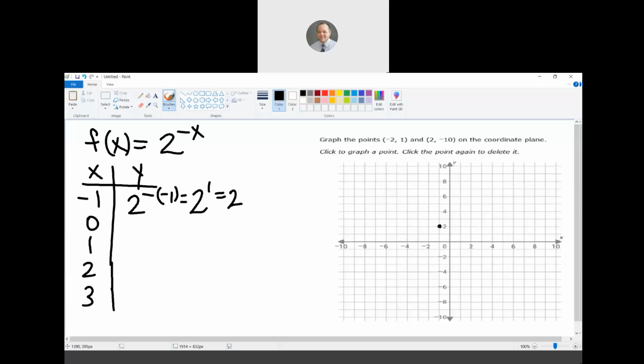When x is 0, well, that's still 2 to the 0 power. Actually, that would become, I think, 1/2. Let me see. 2 to the -0 power is the same thing as 2 to the 0 power. So that would still be 1.